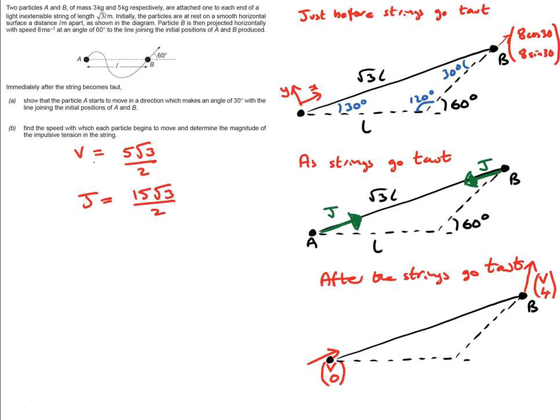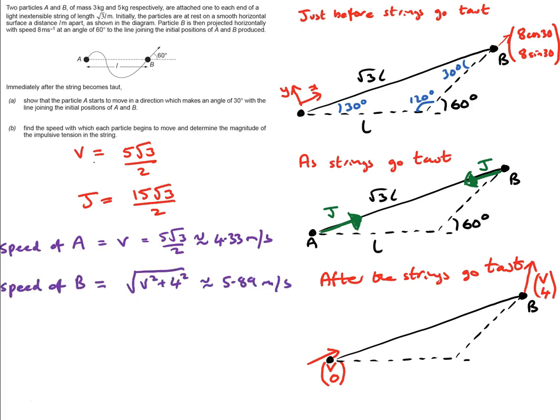So, the speed with which A begins to move after the strings have gone taut is just v, which is 5 root 3 over 2, or roughly 4.33 meters per second. The velocity of B just after the strings go taut is given by the vector v, 4.